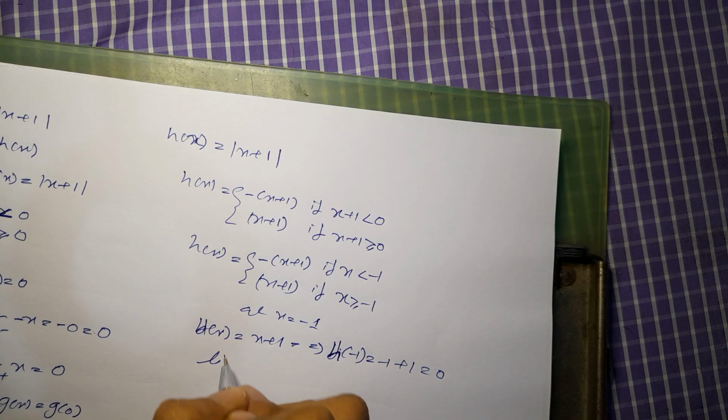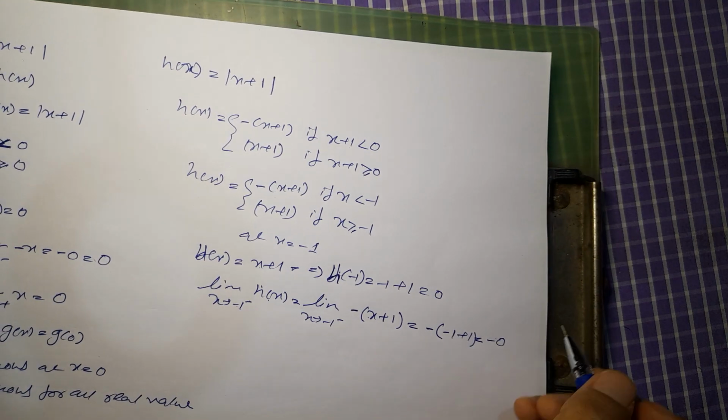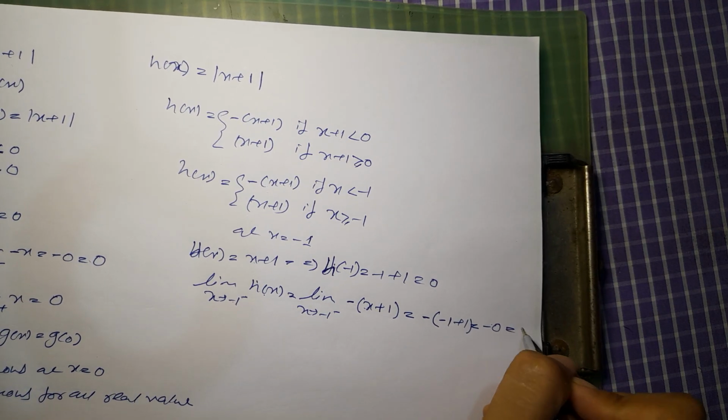Now left hand limit, x tends to minus 1 minus, h(x) is minus (x plus 1), which is minus (minus 1 plus 1), so it will be 0.